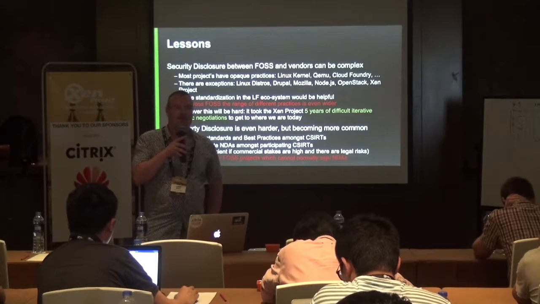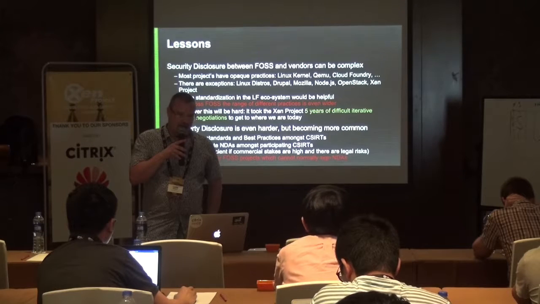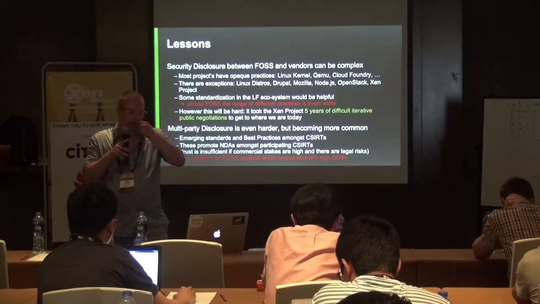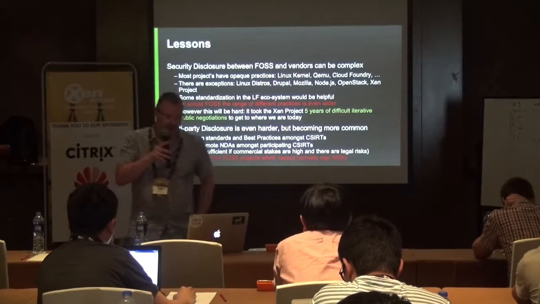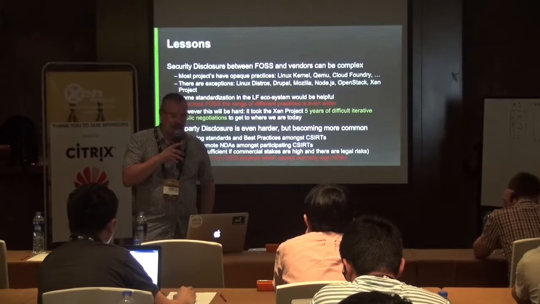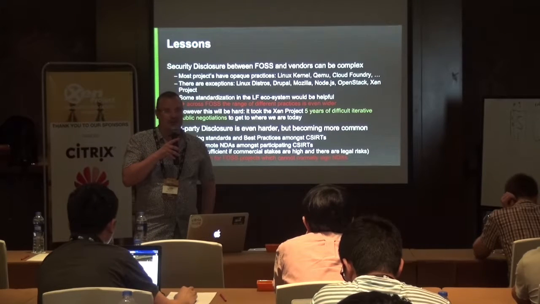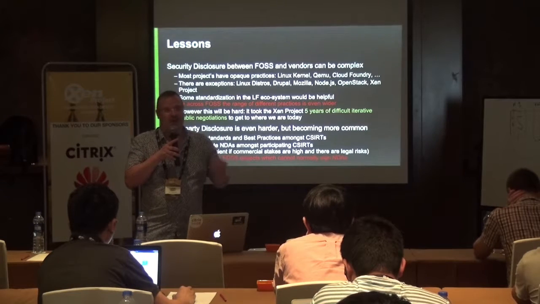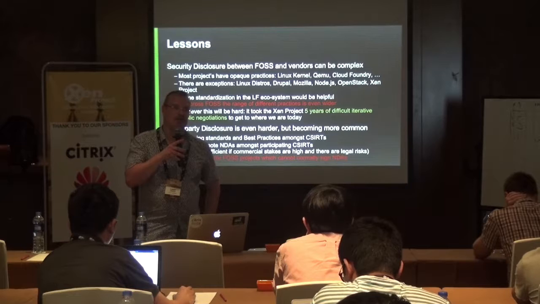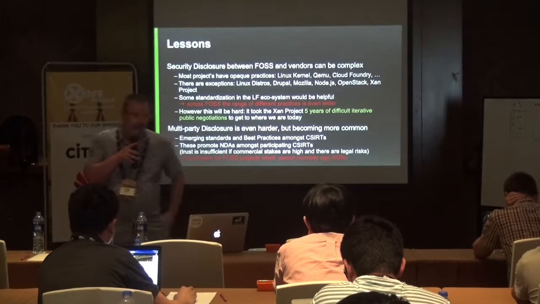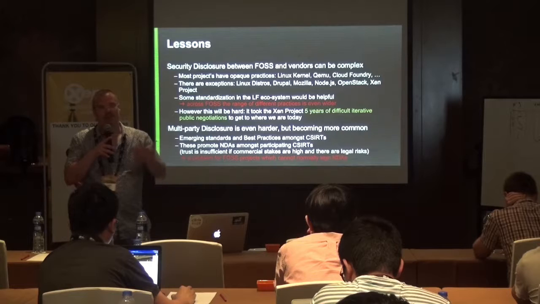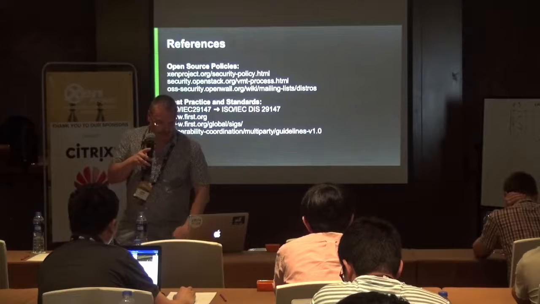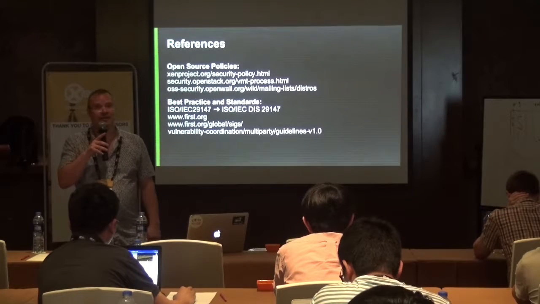There's some best practice emerging, but what we're starting to see is that often NDAs are involved when different organizations interact with each other, because fundamentally commercial stakes are very high. Also, vendors want to cover themselves against lawsuits and so on, and you typically do that via NDAs. But that could be a problem for open source projects, because you're then taken out of the loop. And then there are a few references, and I just wanted to open the floor for questions.